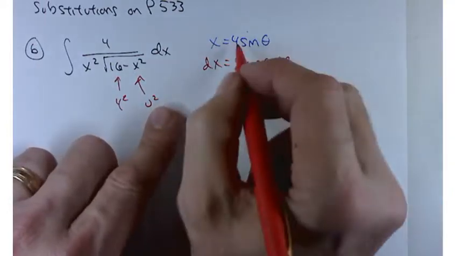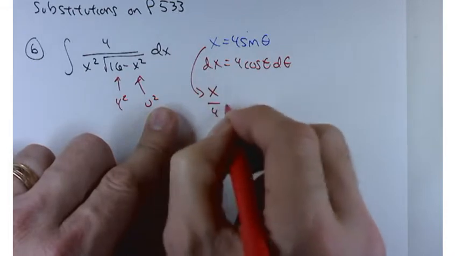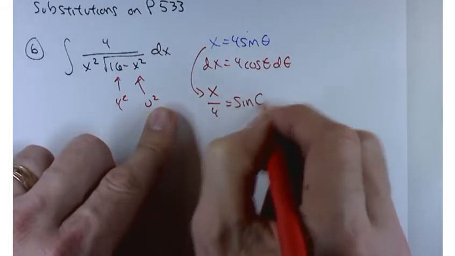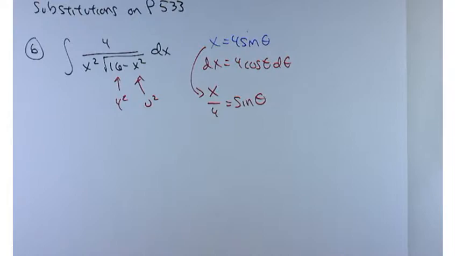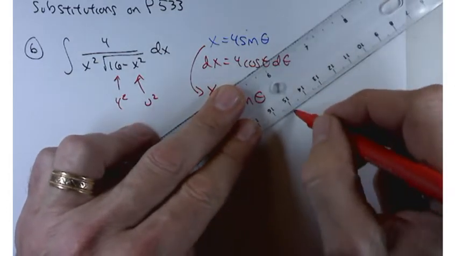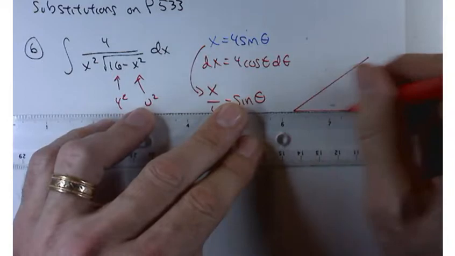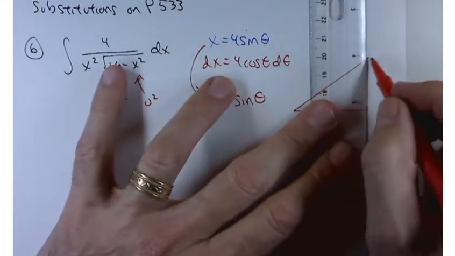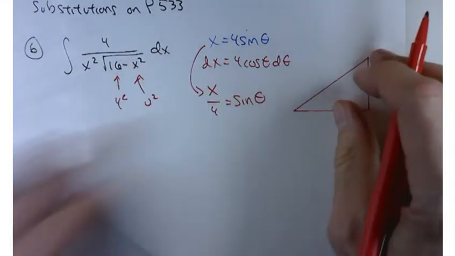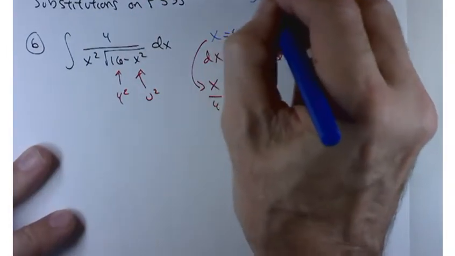So for my triangle, let me rearrange this as x divided by 4 equals sine of theta. Okay. Let's draw ourselves a triangle. And let's remind ourselves of something that we probably haven't had to think about in quite a while. SOHCAHTOA.